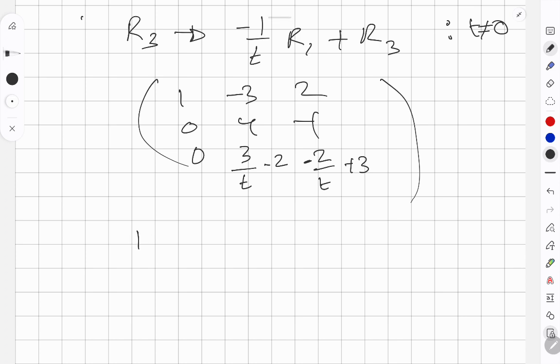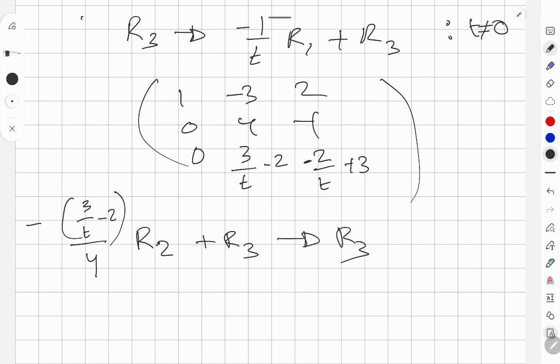With R2 I can divide by 4 so that it will become 1, and I will multiply negative of minus 3 by 2 into R2 plus R3 equals R3. Possible? Did you understand what I did?